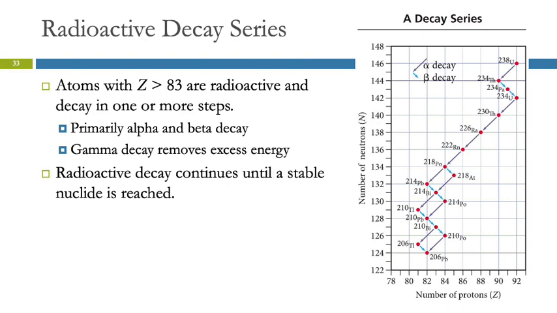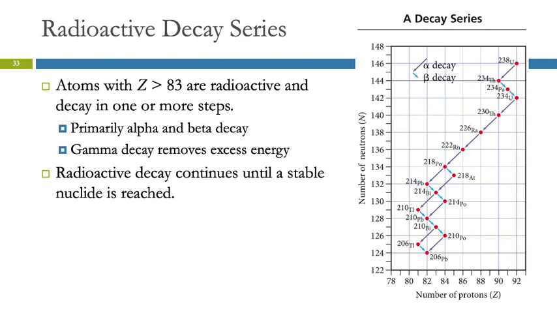So mostly what will happen is alpha and beta decay, because that's going to get the nucleus smaller, right? It's got too many protons, also has too many neutrons. We've got to get down to Z being 83 or less in order for it to be stable. So alpha emission gives us, we lose 2 protons and 2 neutrons, right?